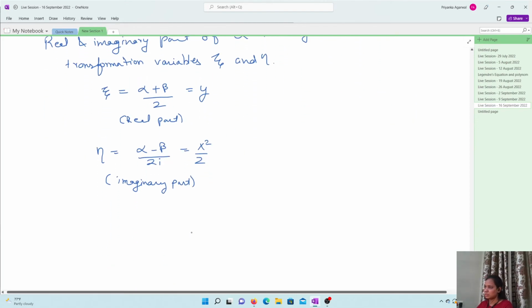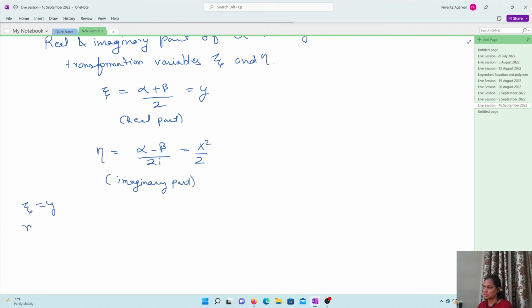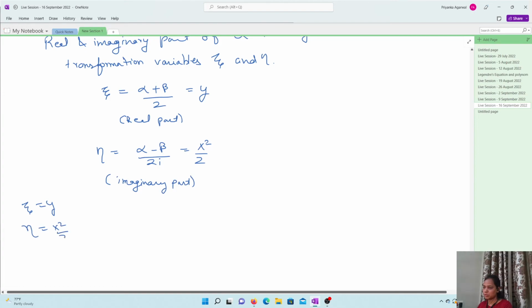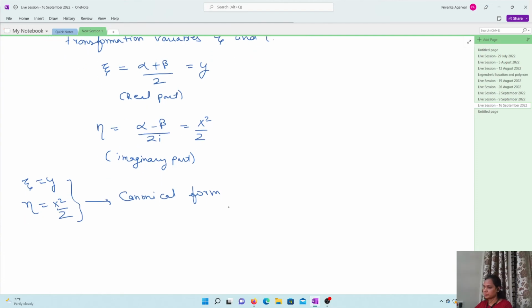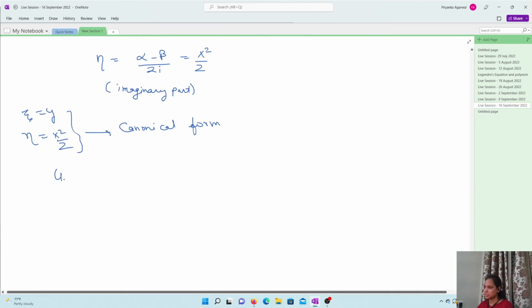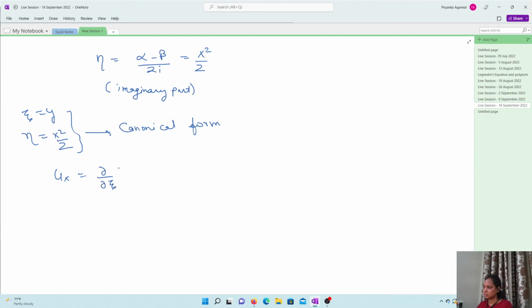Now with this xi equals y and neta equals x square by 2, we can reduce the given equation to the canonical form. So let's see what ux is. Ux will be del u by del xi into del xi over del x plus del u by del neta into del neta over del x.